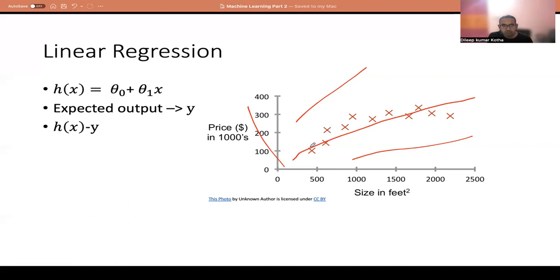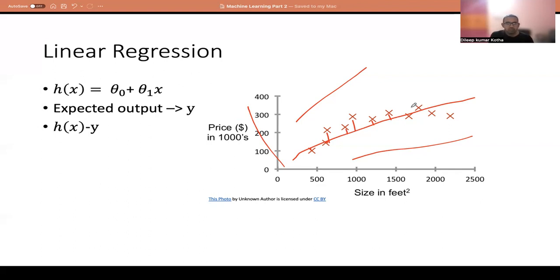If you measure these distances, this distance, this distance, this distance, this shows how much our hypothesis is deviating from the actual, sorry, expected result. As much as we minimize this difference for all the training data, that will help us in minimizing our loss.